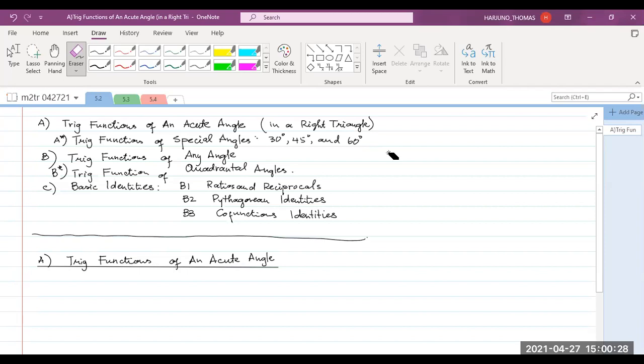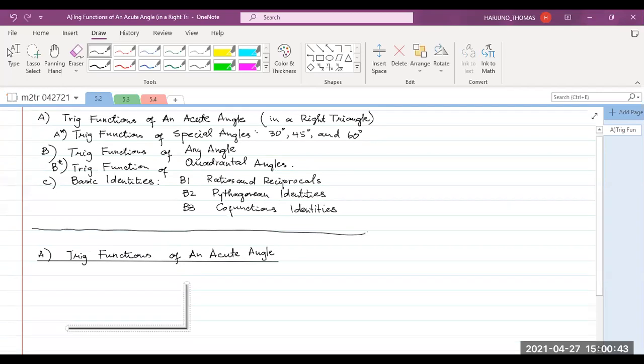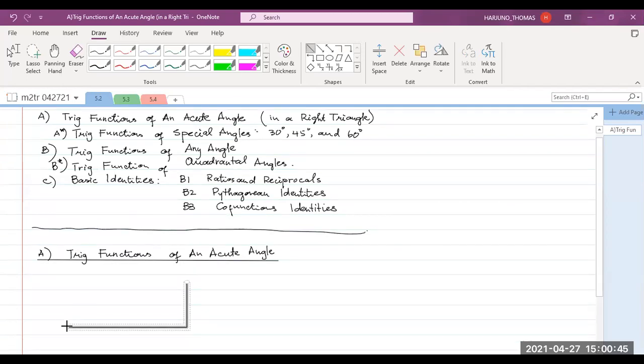Okay, we will start with the very basic narrow definition of trig functions, and we will start from an acute angle in a right triangle. So suppose I have a right triangle. And let's say this is the right triangle here, and this is angle theta.